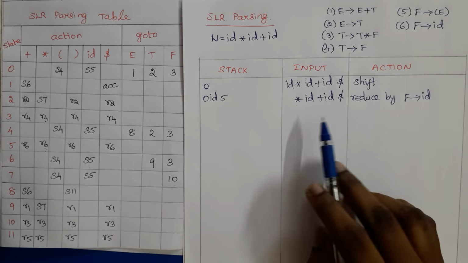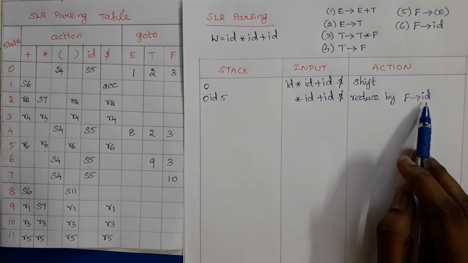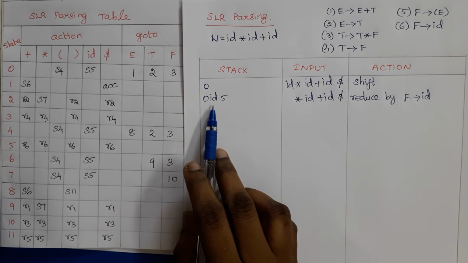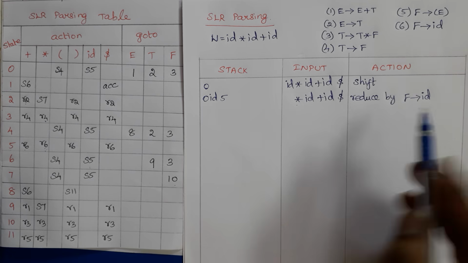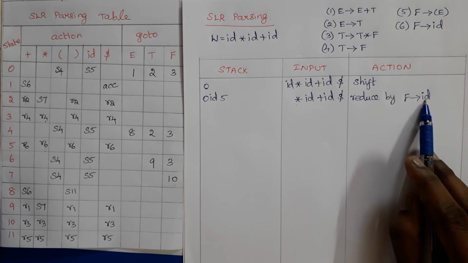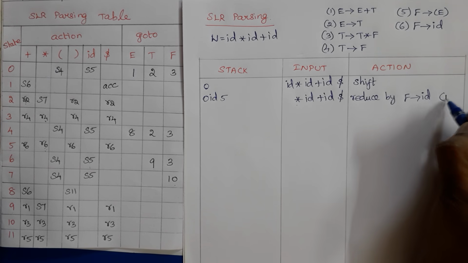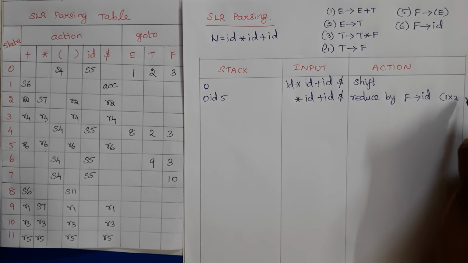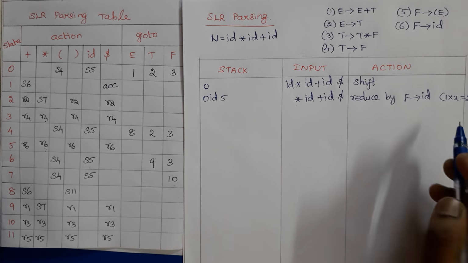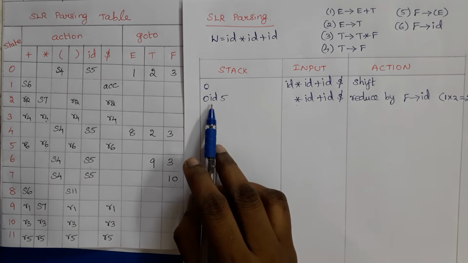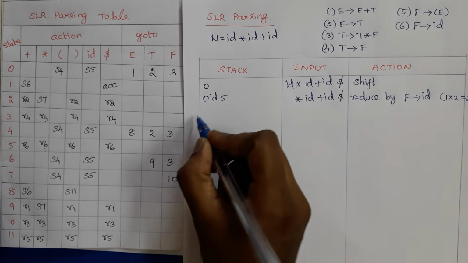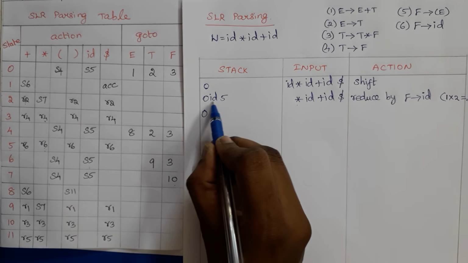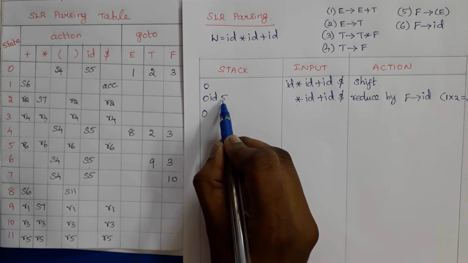But in LR parsing tables, the grammar symbols come along with the state. So first we calculate the length of the right hand side of the production. Here the length of ID is 1, then multiply it by 2, so we get 2. That means we need to pop two symbols from the stack. ID is a symbol, 5 is another one.